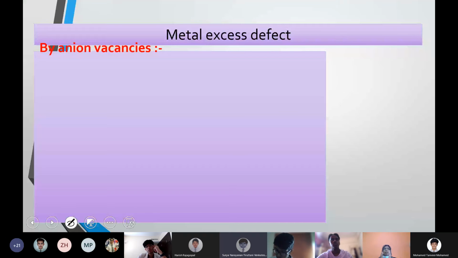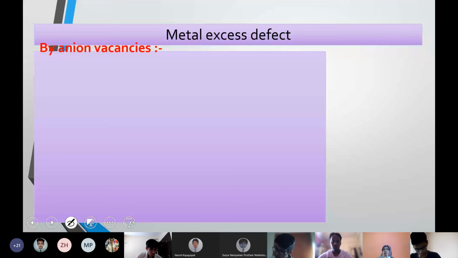Yeah, so take an example of an ionic compound. Ionic compounds are usually from a metal and a non-metal. So metals are positive in charge and non-metals are negative in charge. So this kind of defect is due to presence of extra positive ions, extra metal ions, cations. That is metal excess defect. Metal excess defect can be because of two reasons.